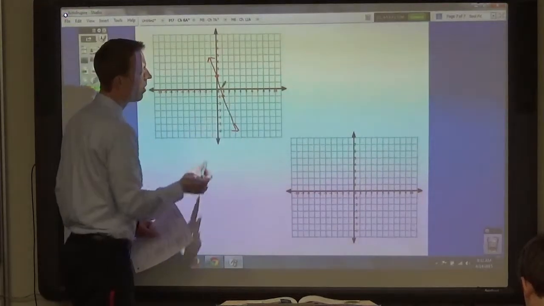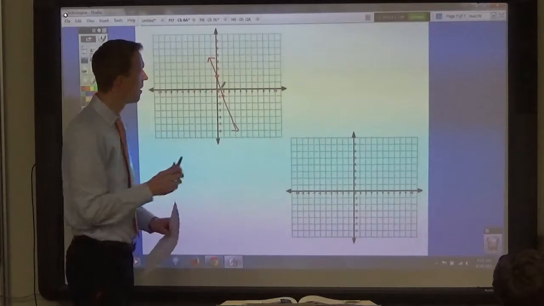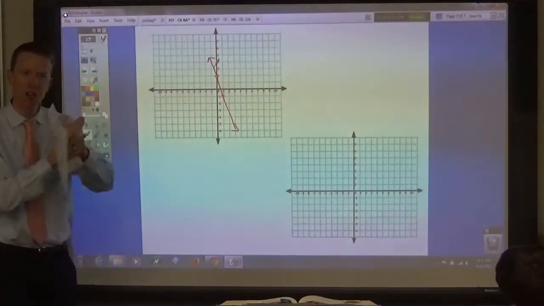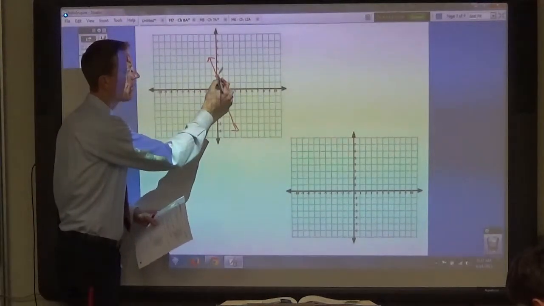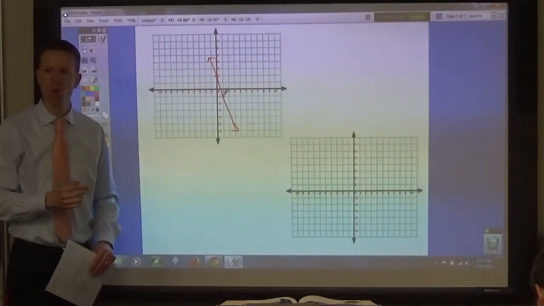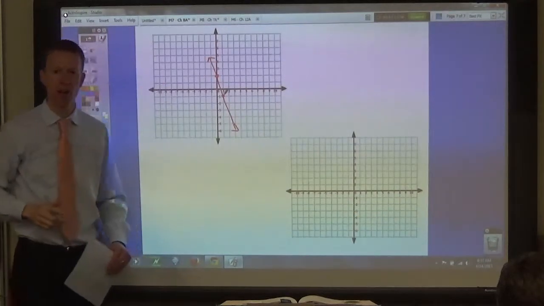I didn't mark this point because it's approximately a half. I didn't mark this point up here because it's not on a corner. Find a corner and mark the point. This is on a corner. This is on a corner. And so we can count from one point on the line to the other point on the line.